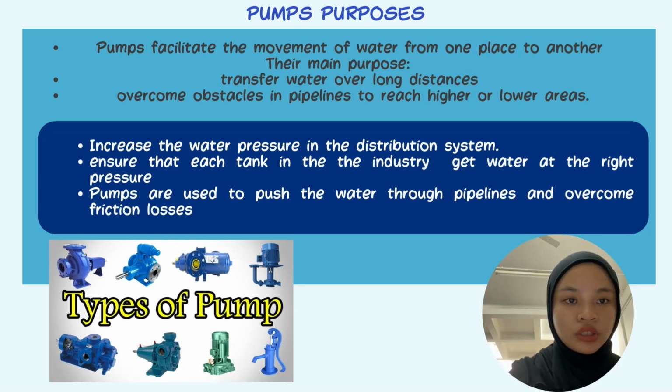So this is important to ensure that each tank in industry gets water at the right pressure, especially in areas with differences in height. Pumps are also used to push water through pipelines and to overcome friction losses so that it can reach each tank in the industry at the end of the distribution system.